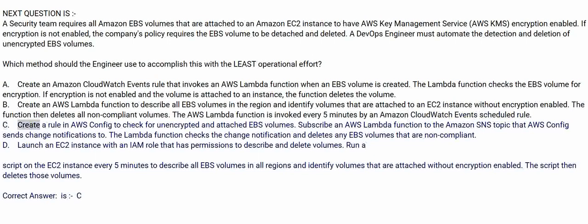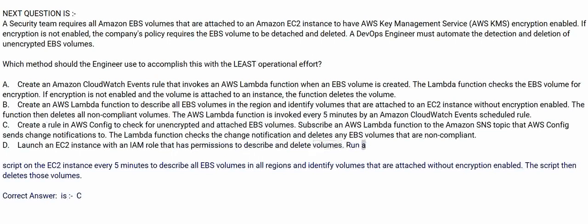C. Create a rule in AWS Config to check for unencrypted and attached EBS volumes. Subscribe an AWS Lambda function to the Amazon SNS topic that AWS Config sends change notifications to. The Lambda function checks the change notification and deletes any EBS volumes that are non-compliant. D. Launch an EC2 instance with an IAM role that has permissions to describe and delete volumes.